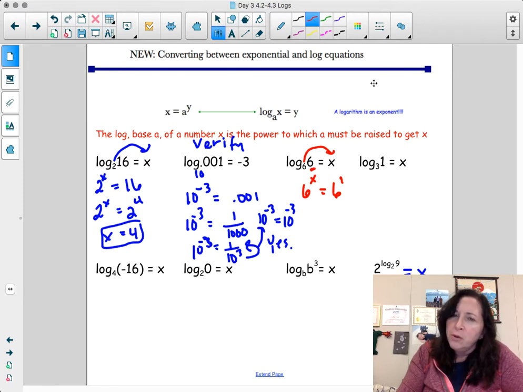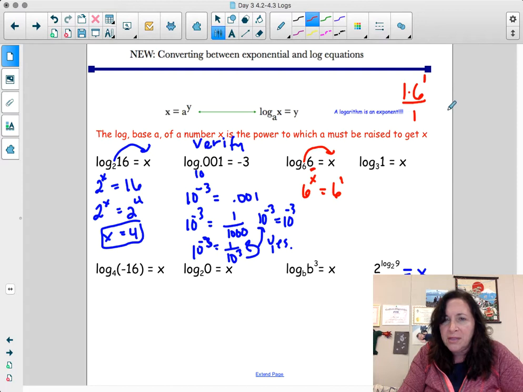Most people, when they're thinking of the number 6, don't think of the exponent 1 being there, or a 1 in front, or it being divided by 1. Most people don't normally think like that, but you ought to know that there are these 1s all over the place. Bases are the same. I can set my exponents equal to each other, and then we're done.